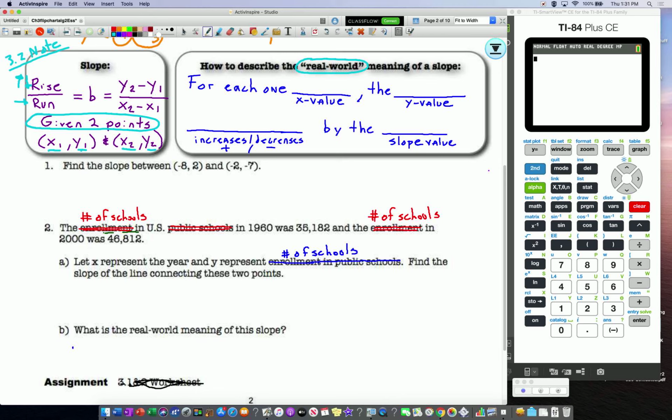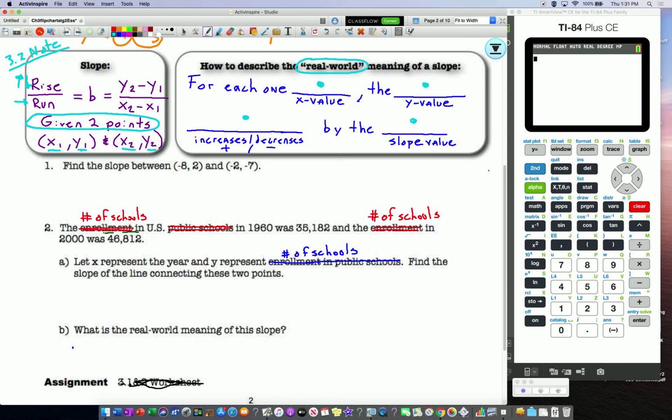So I like to give students a fill in the blank sentence: for each one x value, whatever it says in context, the y value in context either increases or decreases. If the slope is positive, I say increase. If the slope is negative, I say decrease by the value of the slope. So in today's lesson, I want us to first find slope and then tell what it means in the context.